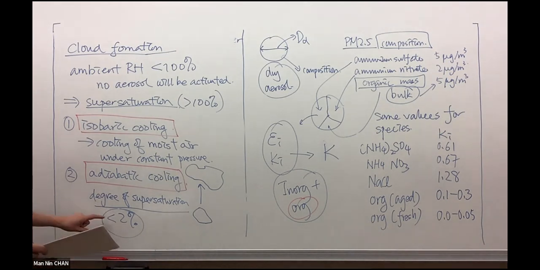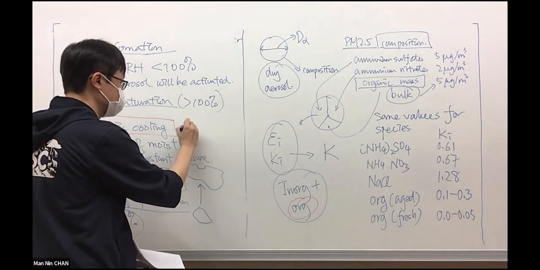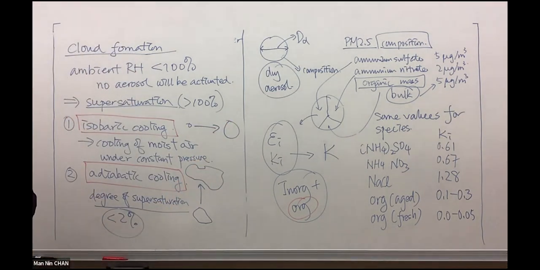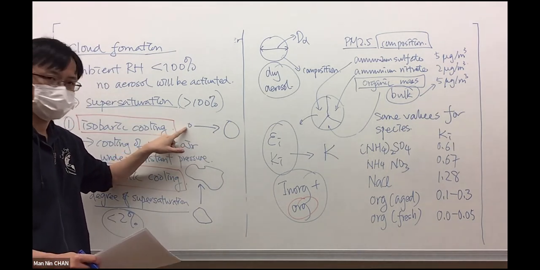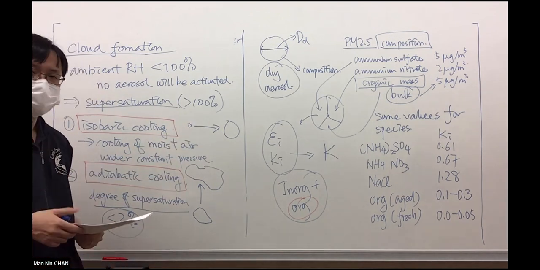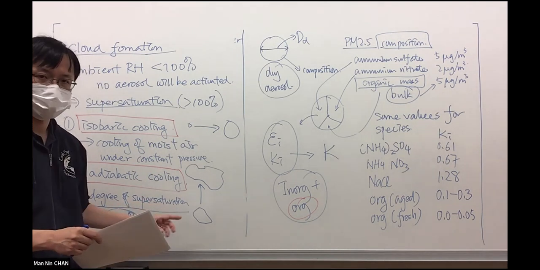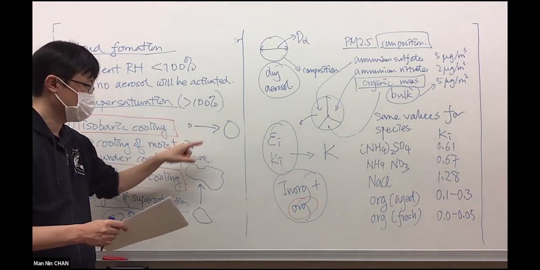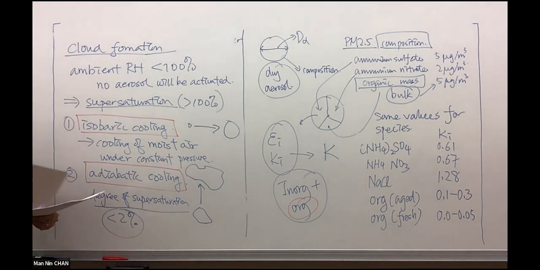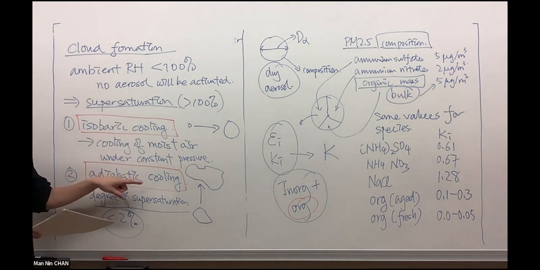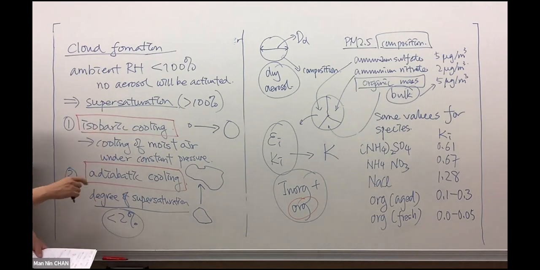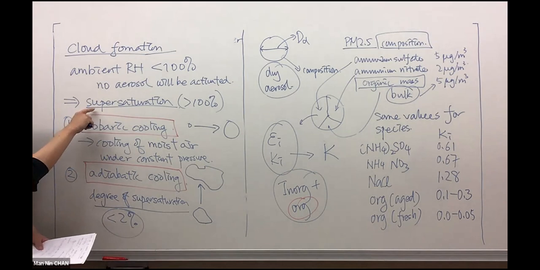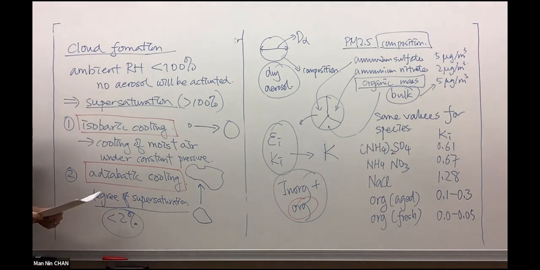Whether an aerosol will activate to form a cloud droplet depends on its size and composition, but also on the environment, the degree of supersaturation. So this is also an important parameter. These are the two major processes that achieve supersaturation in the ambient air.